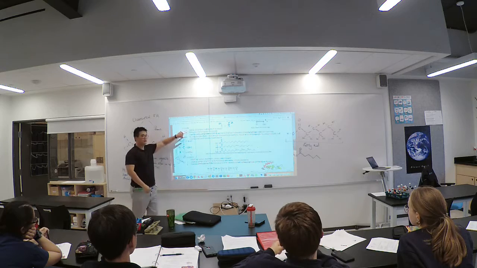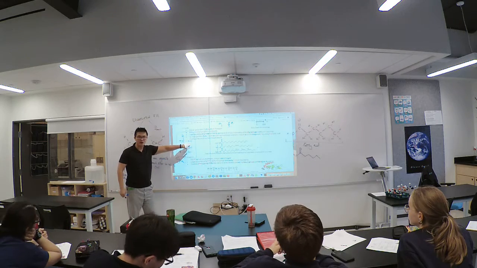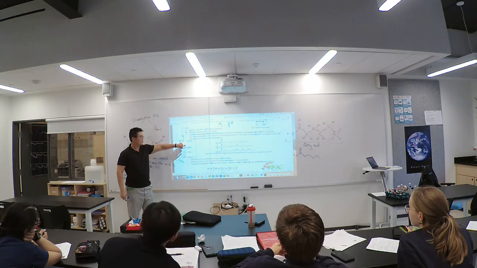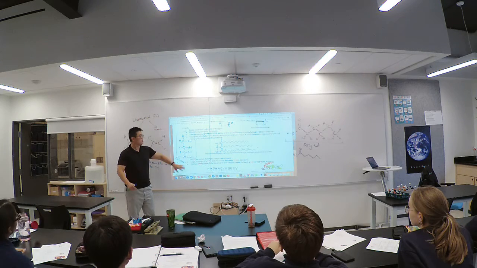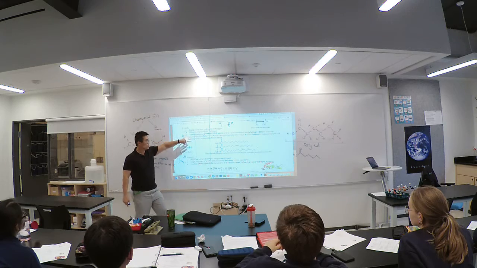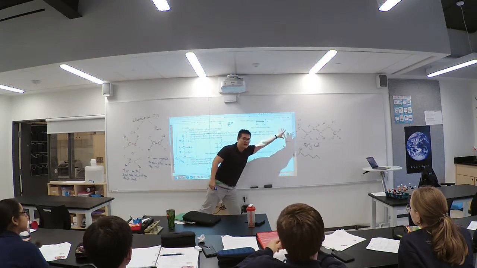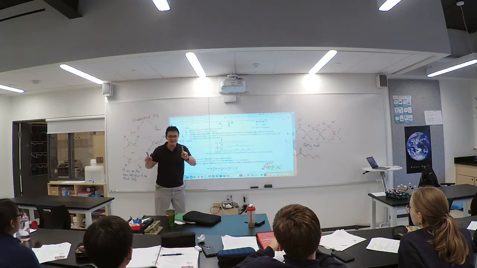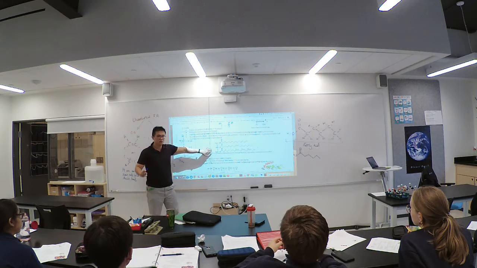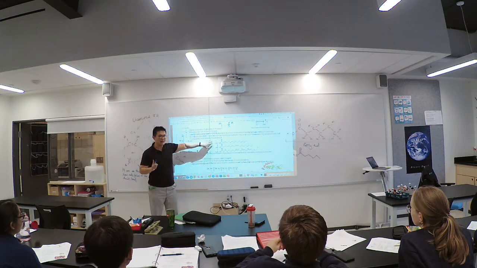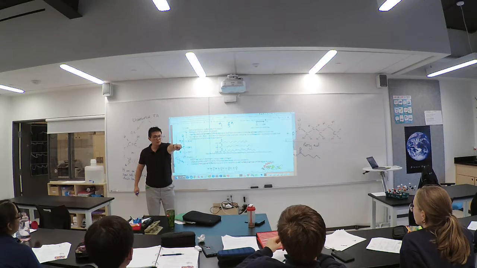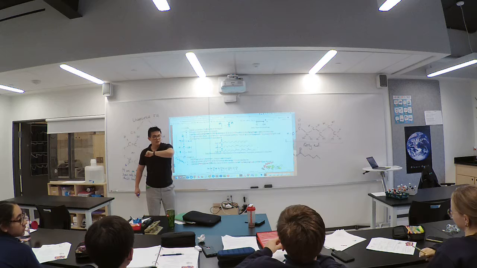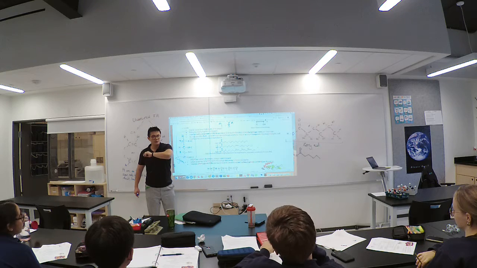Glycerol by itself also has an OH for each of these carbons. And we said the ratio is one glycerol to three fatty acids. So what doesn't seem to add up when you look here? What doesn't seem to add up? Something doesn't add up.